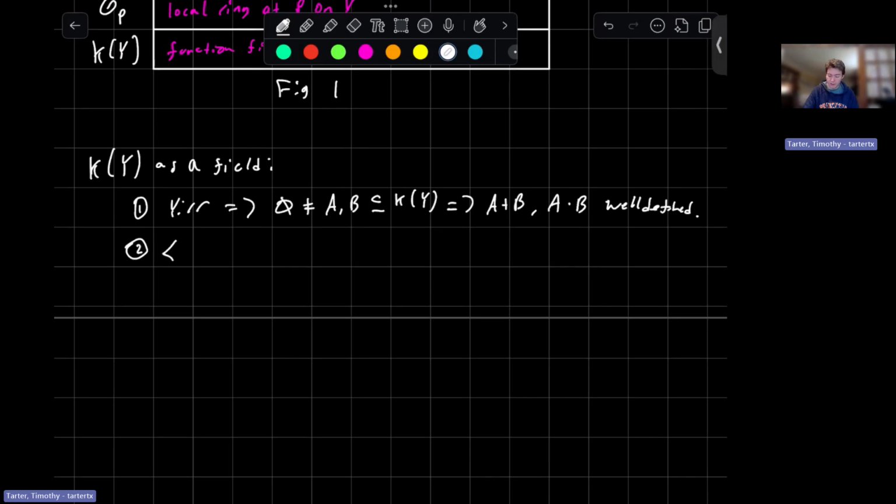Then if U, F is in K of Y, we can restrict it to U minus U intersect the zero set of F, just removing the spots where it vanishes.